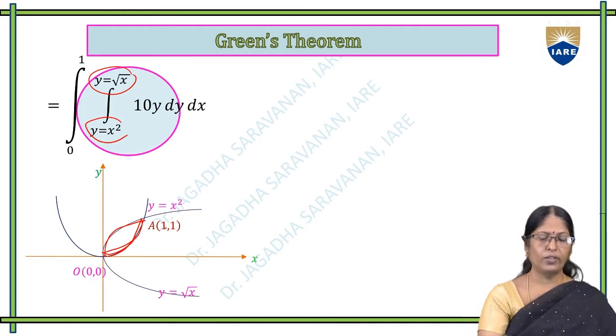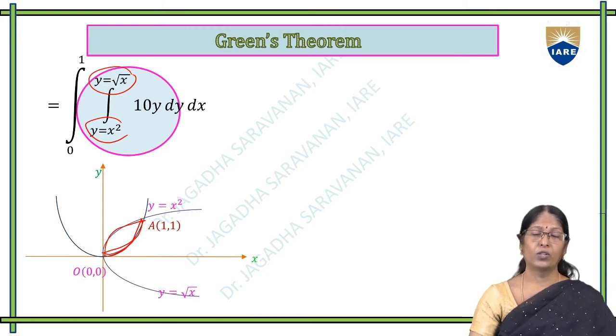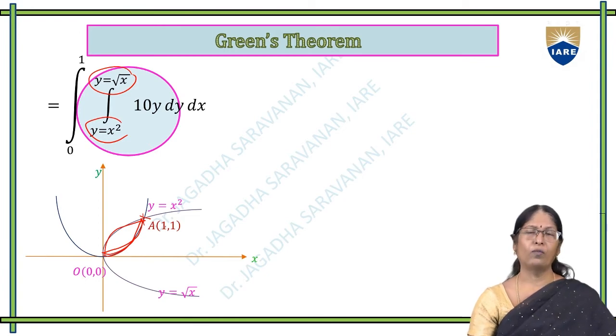The common point is 1, 1. Solving with the help of these two curves, we got this point, that is 1, 1. Now within 2 minutes we will discuss it.